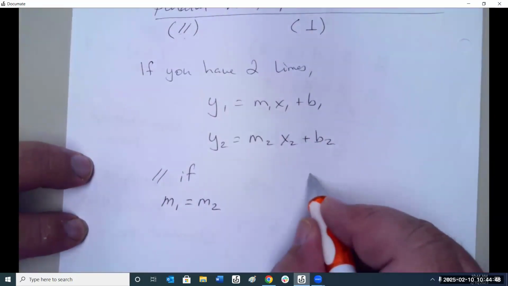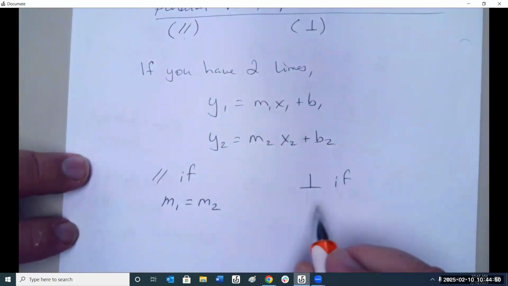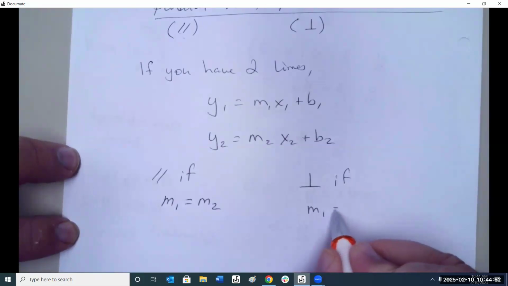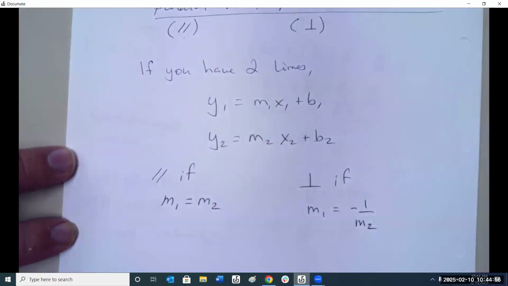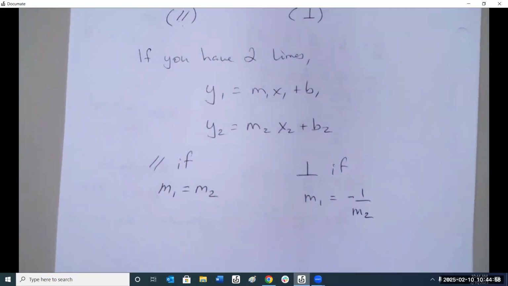Two lines are perpendicular if the slopes are negative reciprocals. What is a negative reciprocal? Flip the slope and change the sign. That's a negative reciprocal.